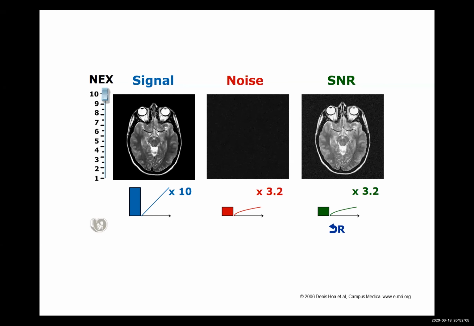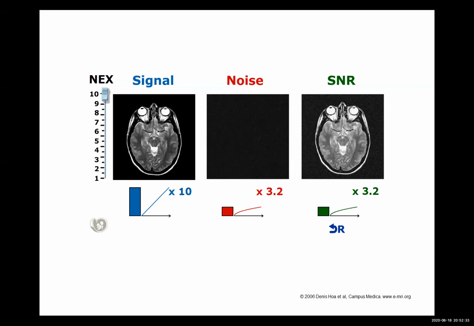So averages is not the easiest or the best solution to improve your signal to noise ratio. You should keep this to the end, after you utilize all your resources from matrix size, field of view, field strength, and selecting the right RF coil. I'm insisting on this because selecting the coil is sometimes the best way to improve your signal to noise ratio.